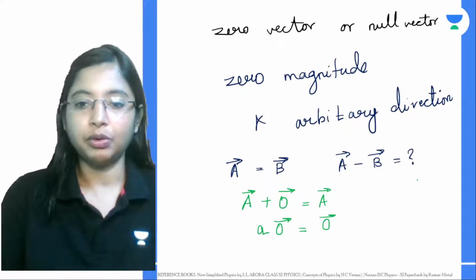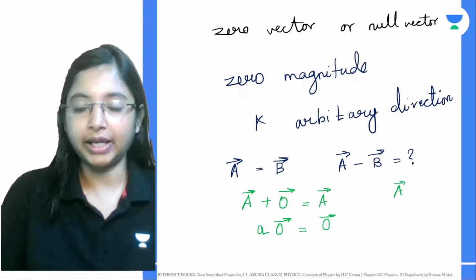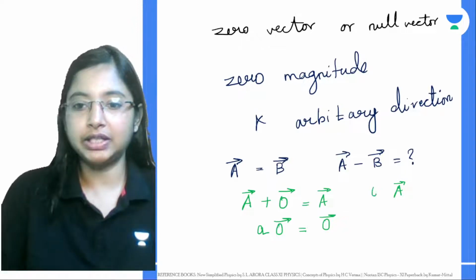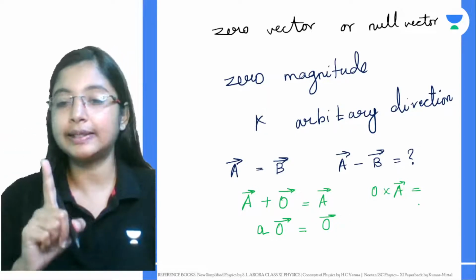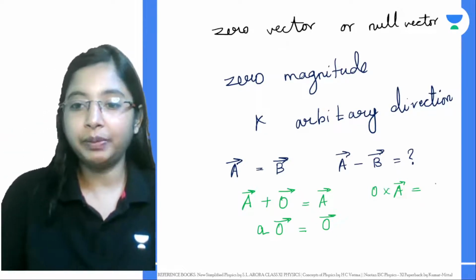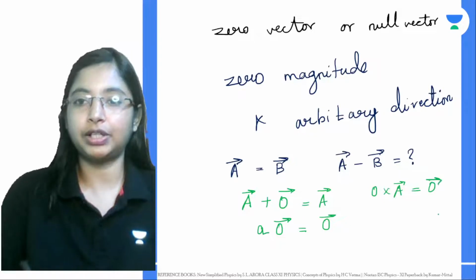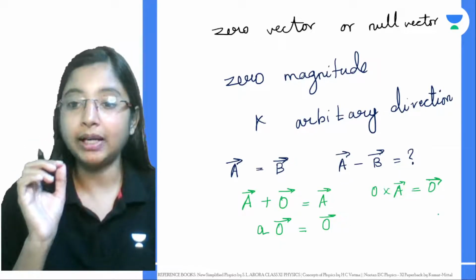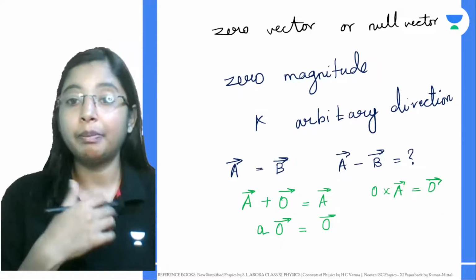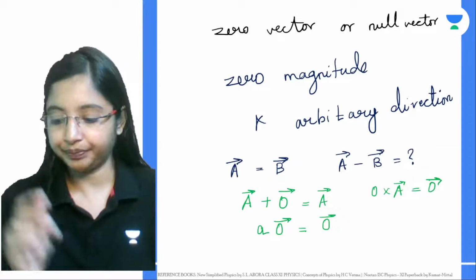And if you multiply a vector with 0, what you get will not be a scalar quantity, but a zero vector which has a zero magnitude, but it can take any arbitrary direction.